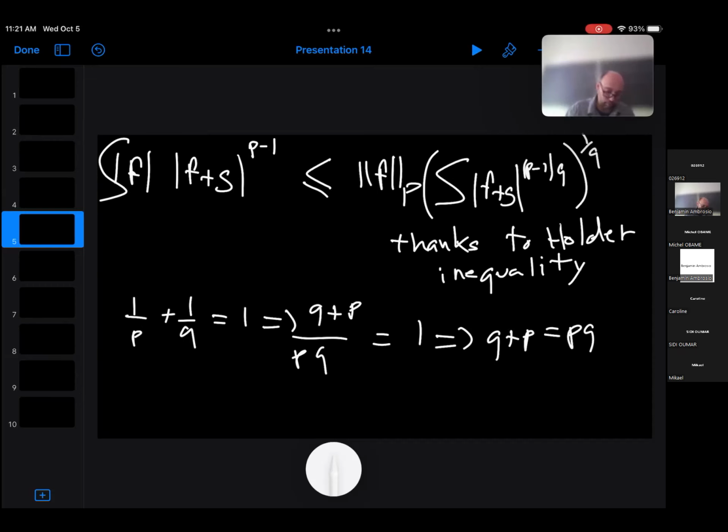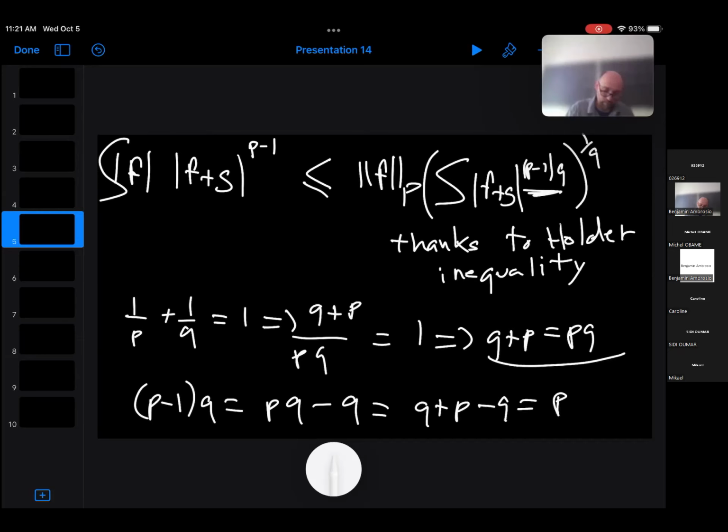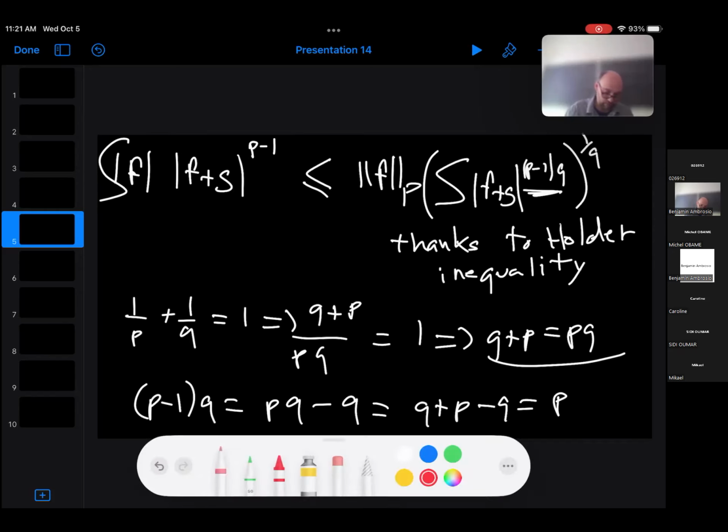So this term here, p minus 1 times q equals pq minus q equals q plus p minus q equals p. So this is p.